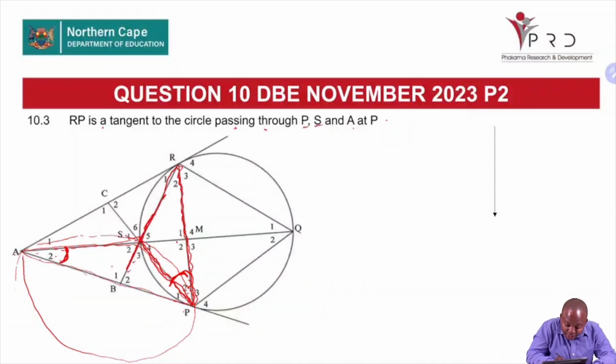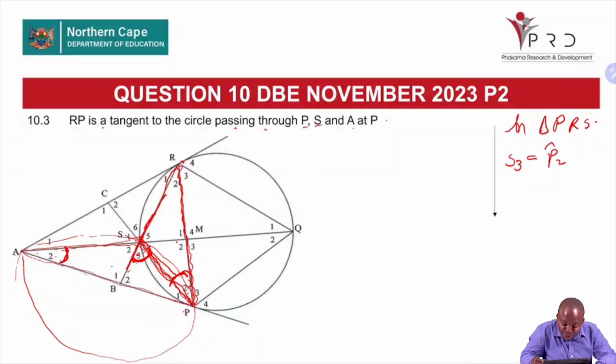So we can extend that to become the exterior angle of a triangle for this one. So in triangle PRS, we can now say S3 is equal to P2 plus R2.